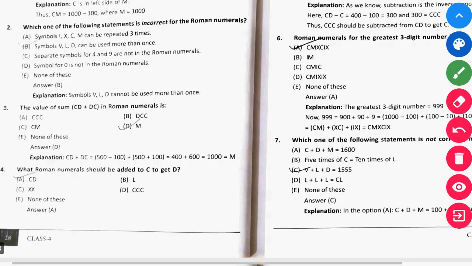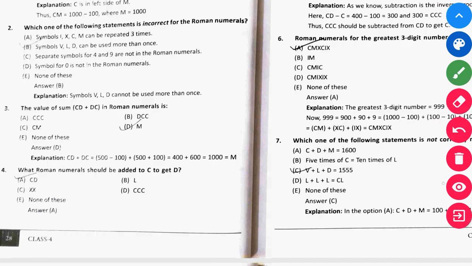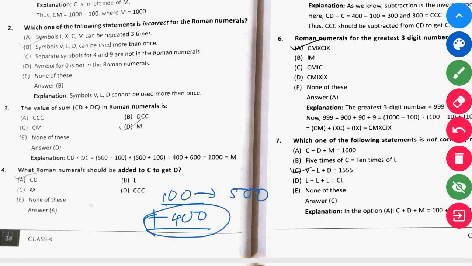Because CD means 400, 500 minus 100. Okay. So for 100 to become 500, we have to add 400 to it. How do we get 400? By subtracting C from D, means 500 minus 100 is equal to 400. Okay.